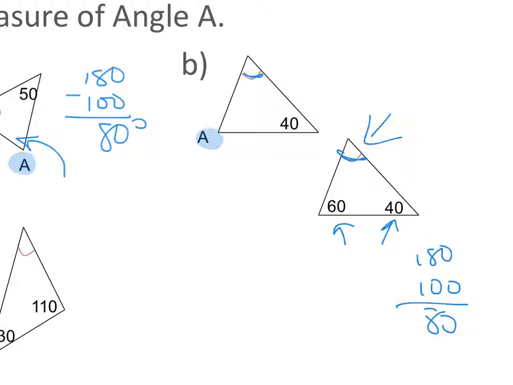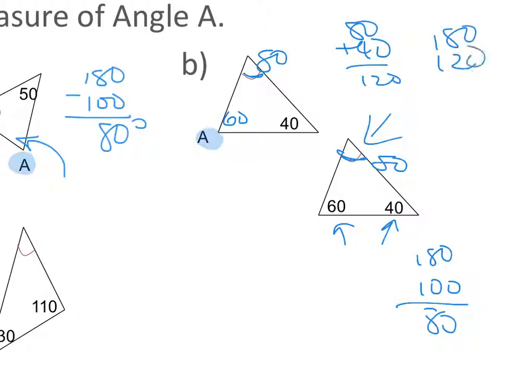And my missing angle here is 80. And then here I can put 80, add them, and subtract from 180. You could sort of tell that they're similar, and it would end up being 60. But 80 plus 40 is 120. Subtract that from 180, and that's how we get 60.